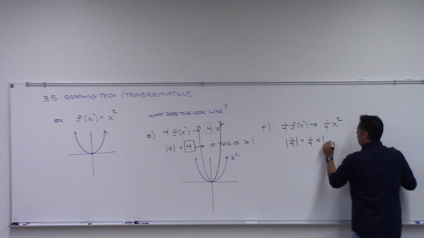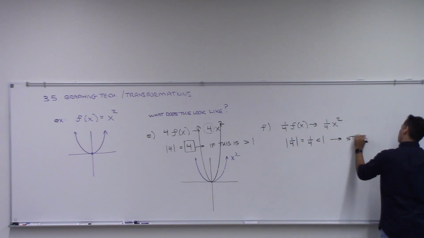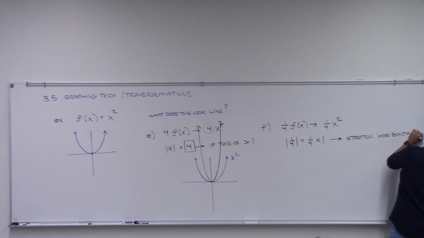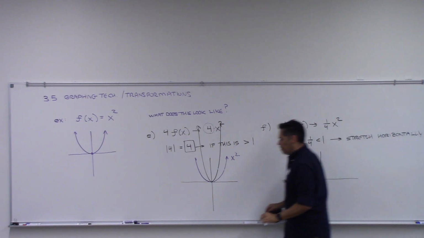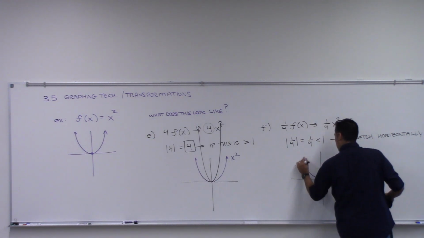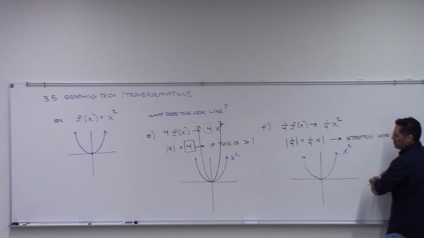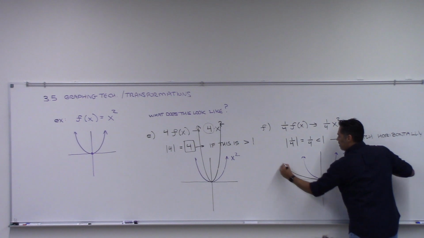That's less than 1, and that means it's going to stretch horizontally. So if our original picture looked like this, then 1/4 x squared would stretch it this way, which means it would go more like this now.